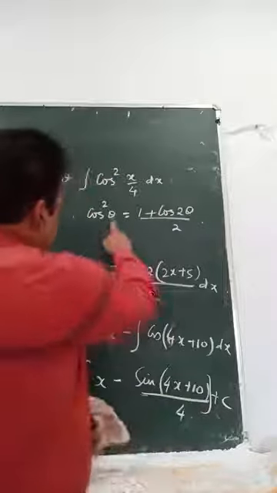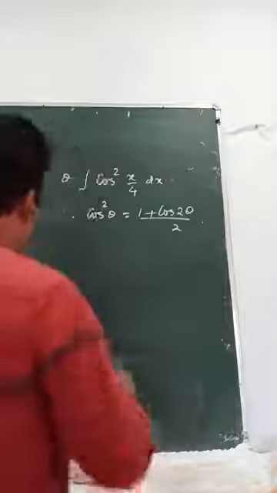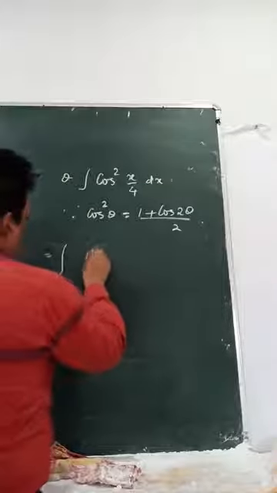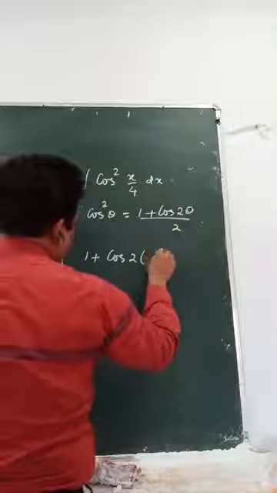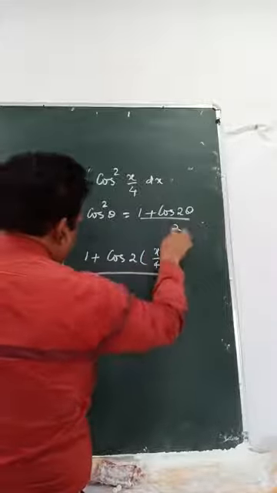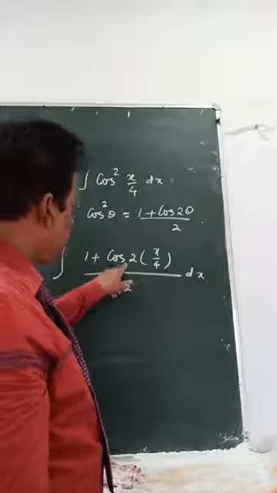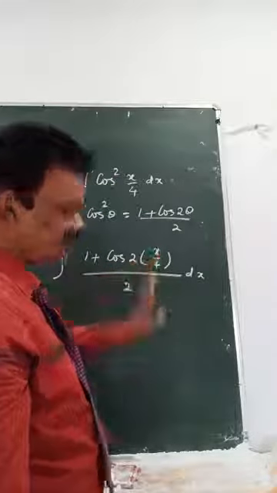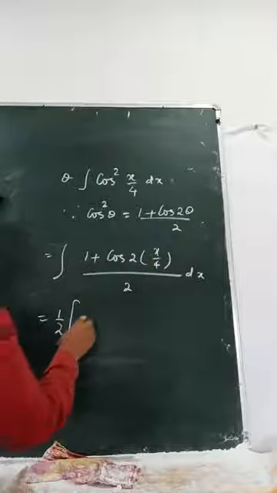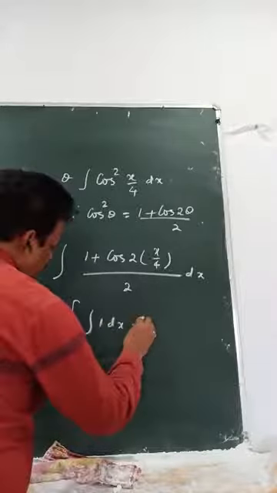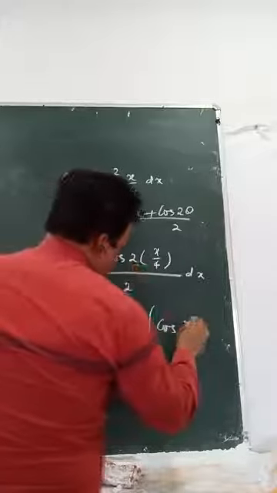So if you look at this and write, what will you get? 1 plus cos 2 theta, theta means x by 4, divided by 2. Now what do you do? Separation. 1 by 2 remains out. 1 dx, integration of cos, if you cancel 2 here, that will be x by 2 dx.